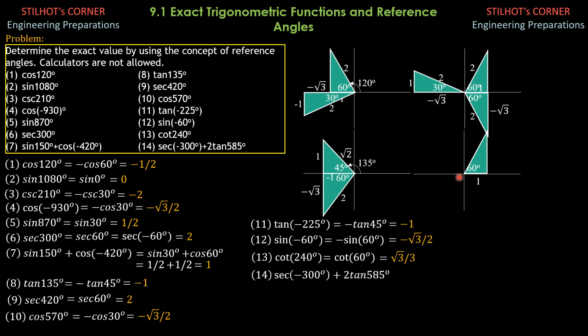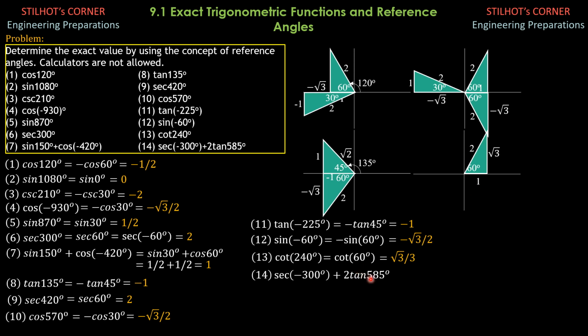But both these opposite and adjacent are negative because the terminal side falls in the third quadrant. In the third quadrant, both x and y are negative. And the hypotenuse is square root of 2. So secant of negative 300 degrees is hypotenuse over adjacent. So it's like secant of positive 60 degrees, which is 2 over 1.